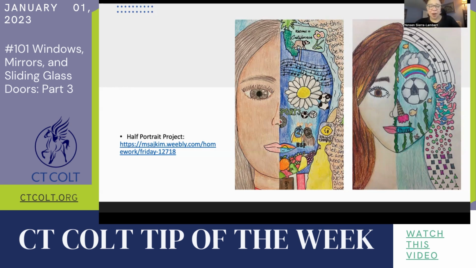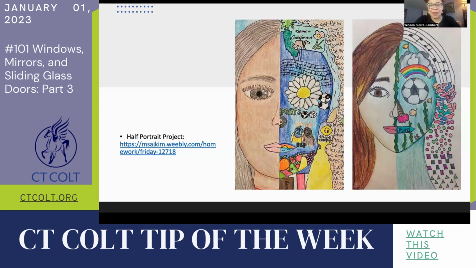The culminating project is to create a self-portrait using any of those styles. In this self-portrait, they have to include things that they consider essential parts of their identity.